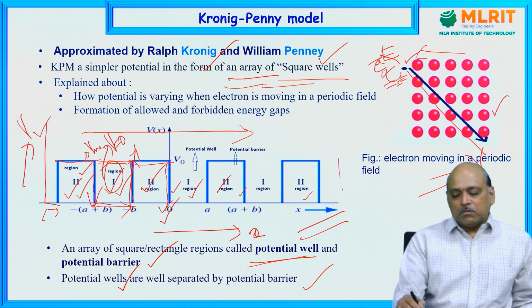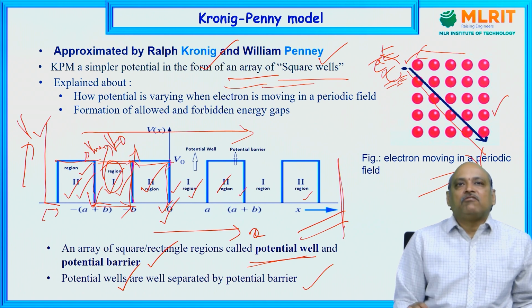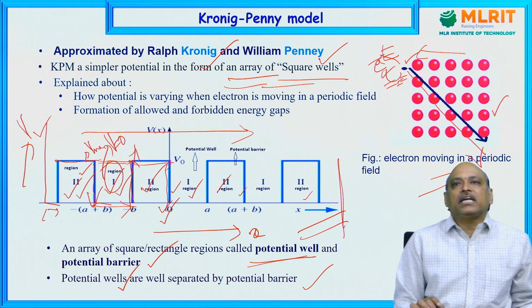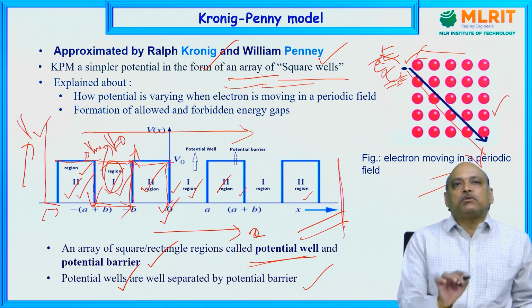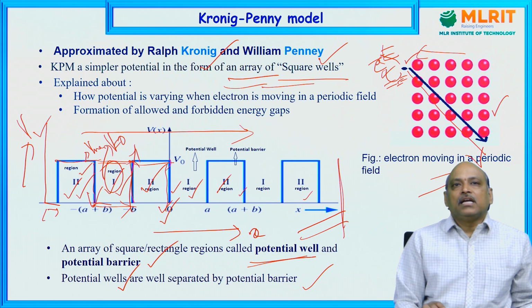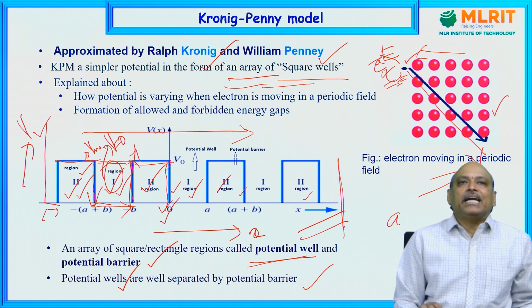Whatever the model approximated like this, we are calling it here the Kronig-Penney model. It is nothing but the variation of potential energy of a moving electron in a periodic field. With respect to its position, the potential energy is varying. That variation of potential energy is also according to the lattice constant.